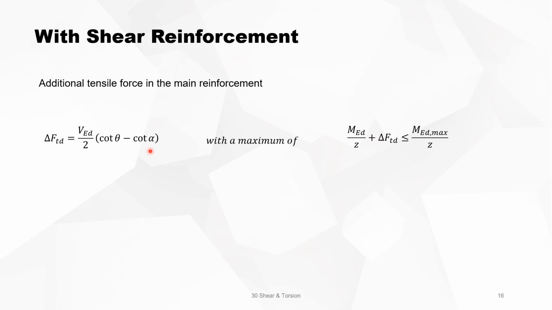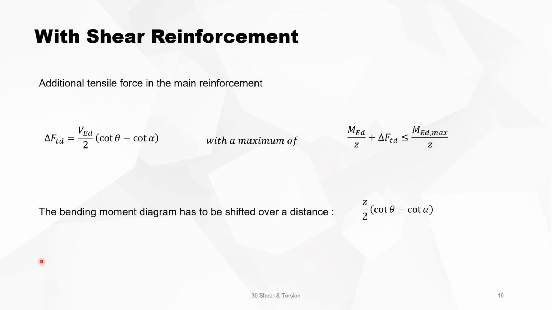But there is now one portion that is added to it, which is delta FTd. But there is a maximum to it, and the maximum should comply with this equation. So the maximum is between MEd,max and MEd at the location where you are doing your check.